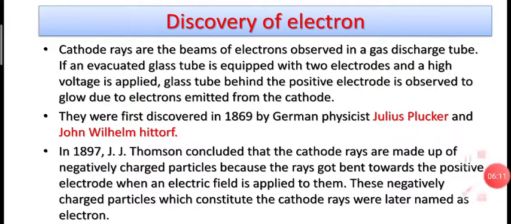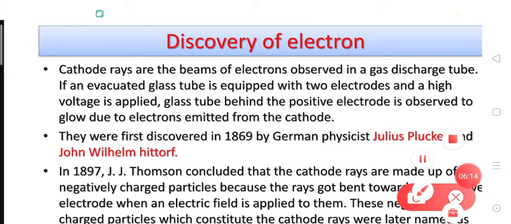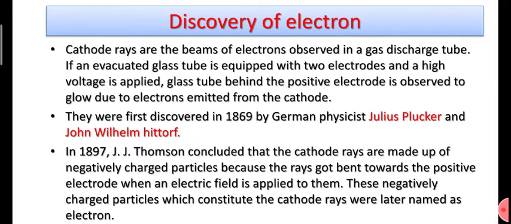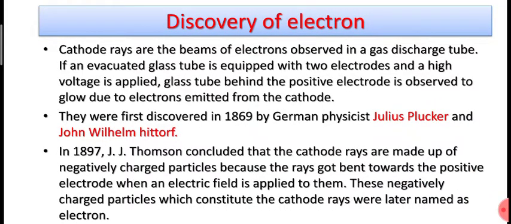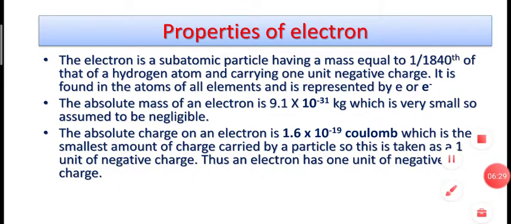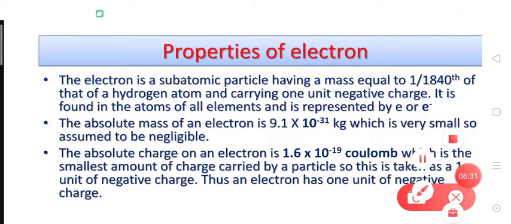Dear students, it is said that the cathode rays were discovered by Julius Plucker and John Wilhelm Hittorf, and the properties of cathode rays were discovered by J.J. Thomson. Now let's understand the properties of electrons.